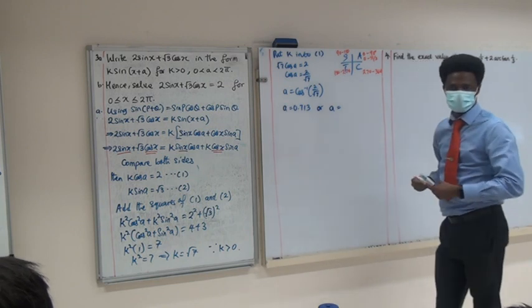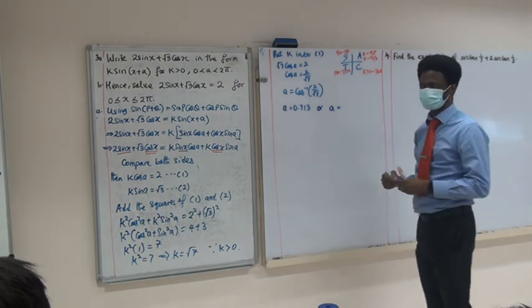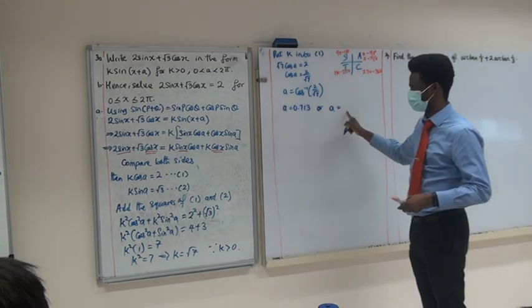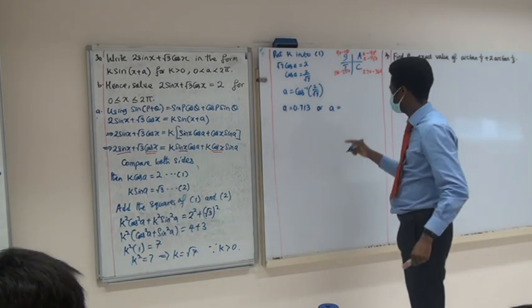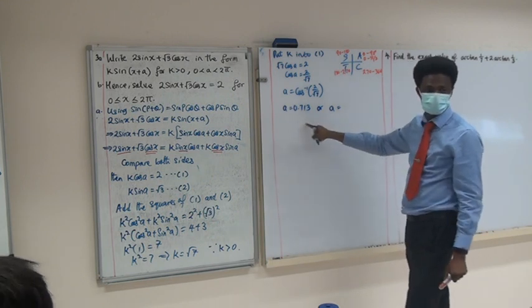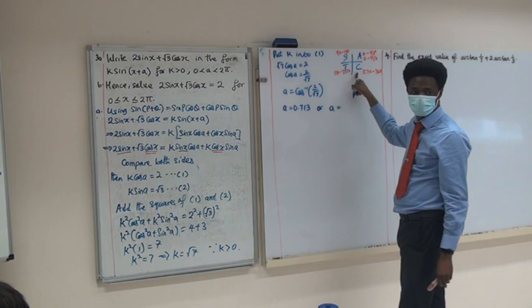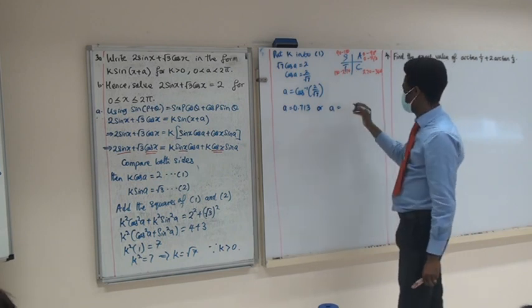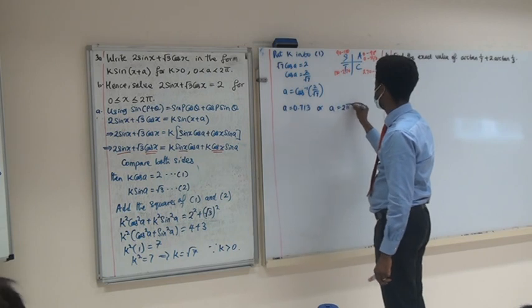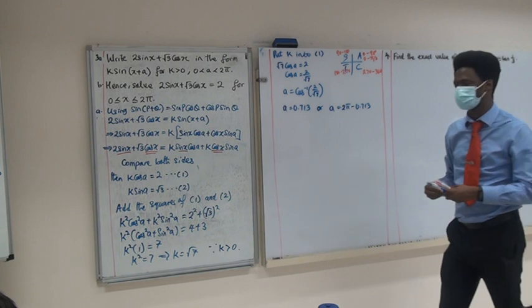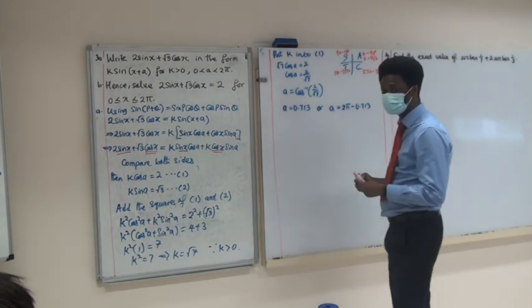It's going to be 360 minus the first angle, because cosine is here. So 360 is 2 pi in this case, minus 0.713. So what do we have? 5.57.